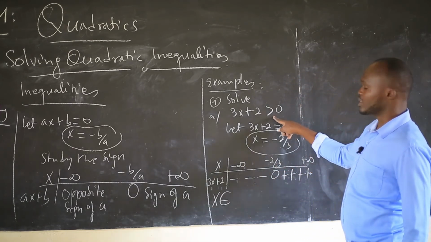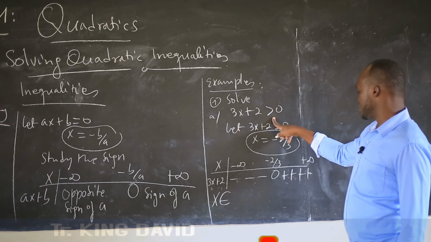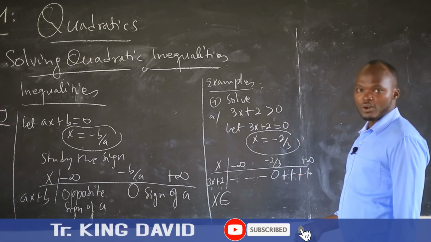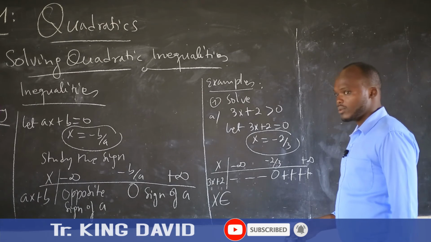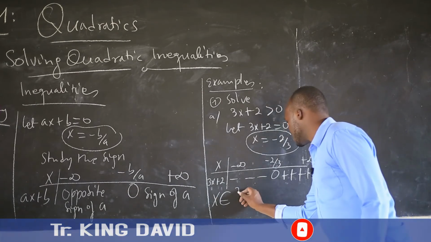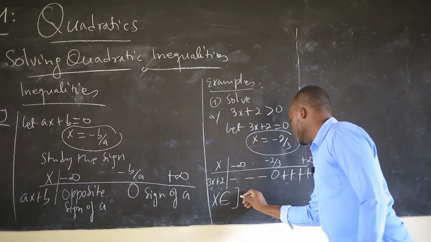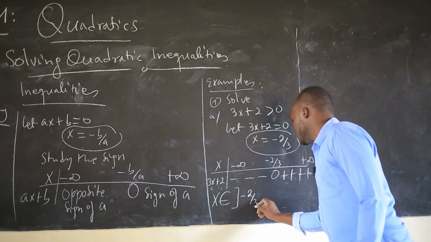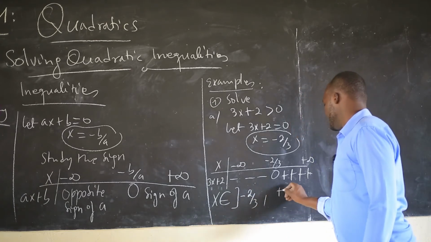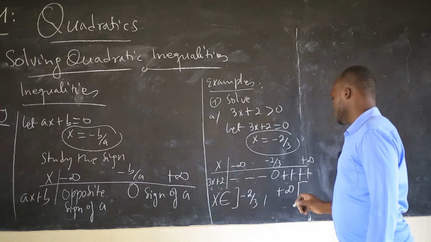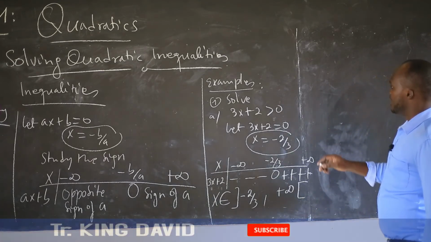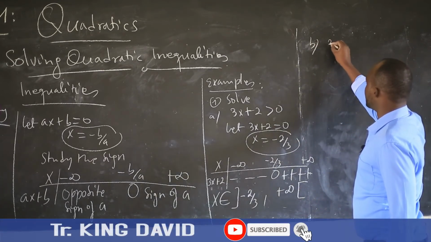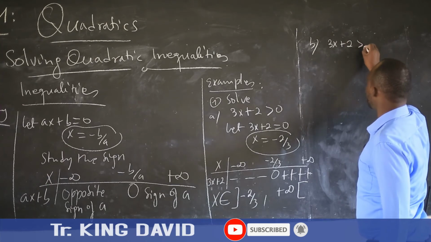But remember, it is only greater than. Greater than only means that those values will all be exclusive, they will not be included. So negative 2 over 3 to positive infinity, excluded. So let me say b. B is 3x plus 2 greater or equal to 0.